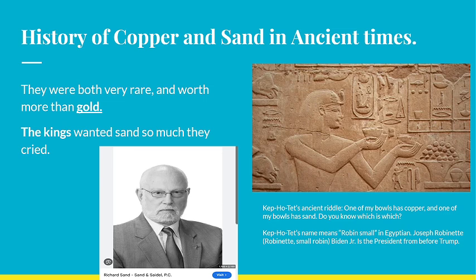Well, this ain't just a new thing, you know, copper. Copper goes way back with mankind, like I hinted at before. It's always been bad, but it's always been rare, and when things are rare, people want to get them. And people in positions of power wanted all the copper and sand, because it meant that they could do things with them like what they wanted to do. And, yeah. Copper equals power. Sand equals power.